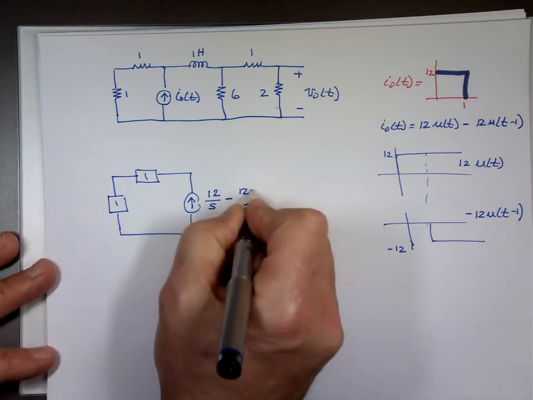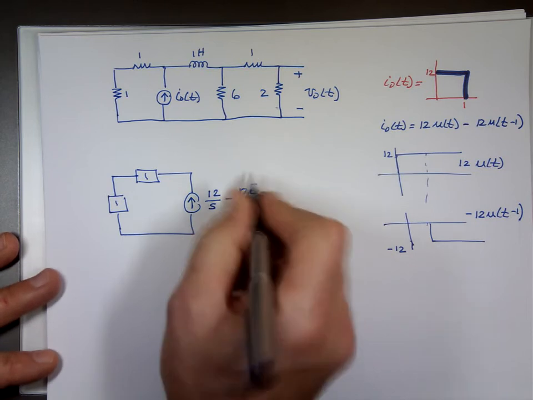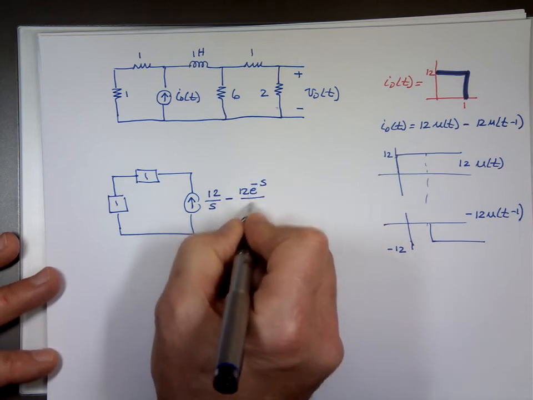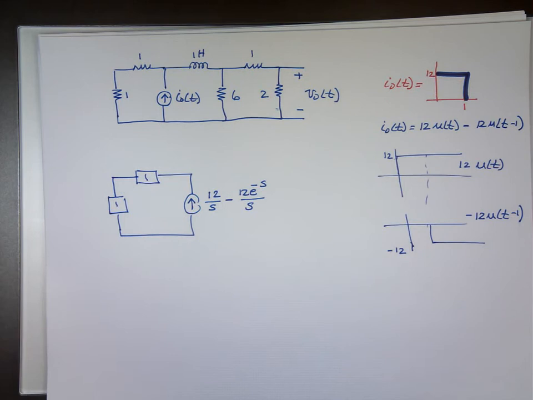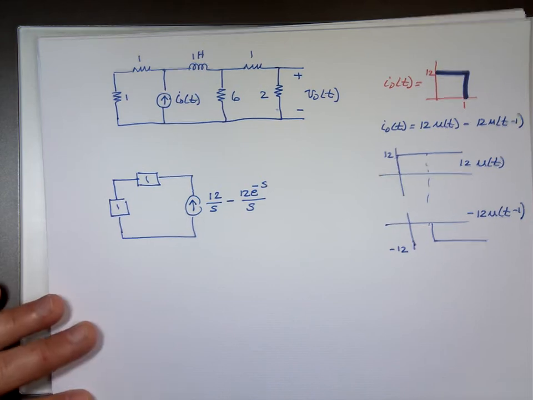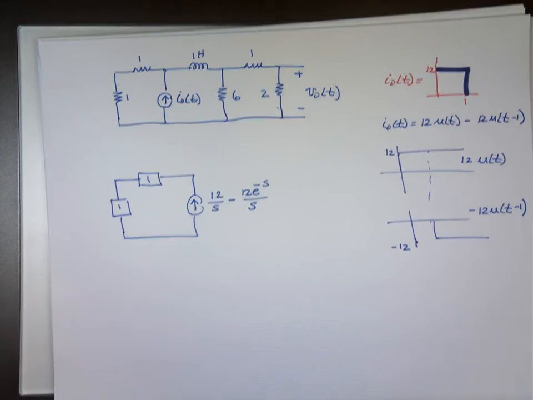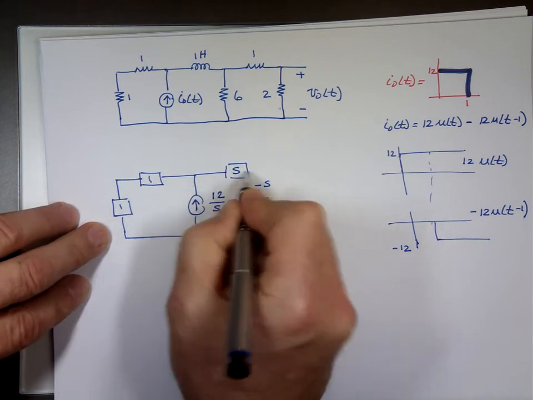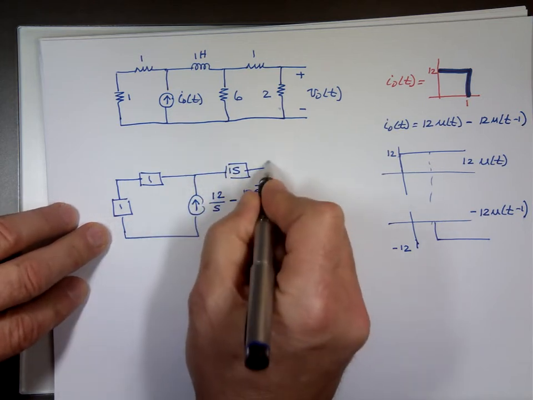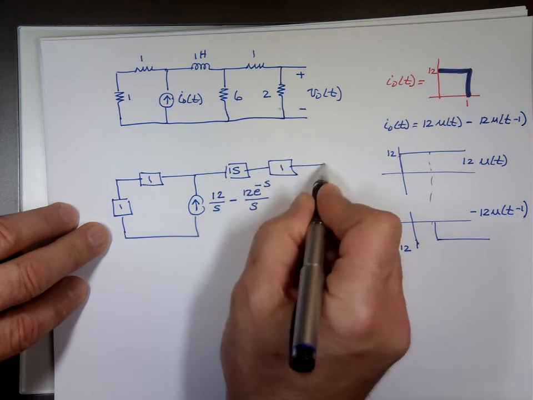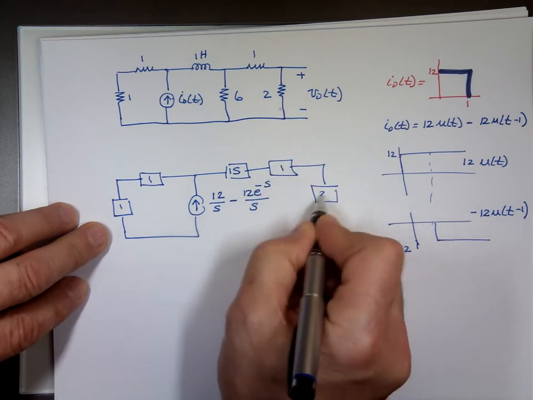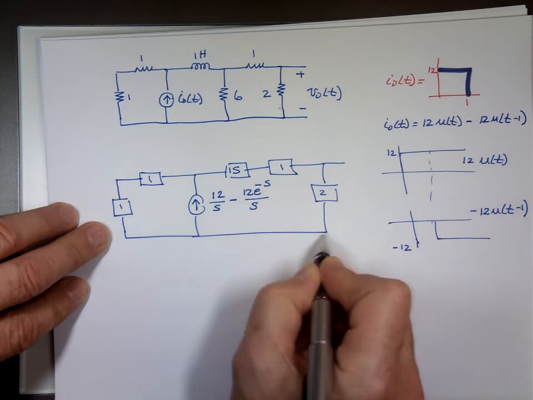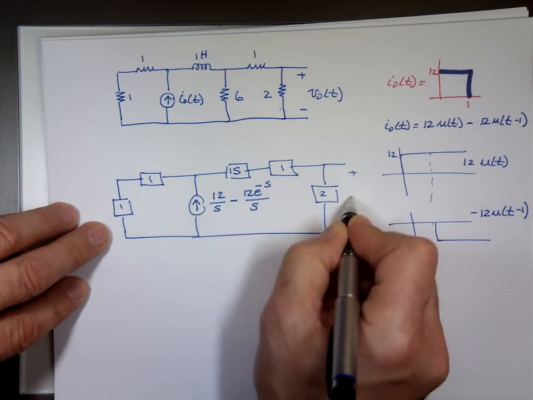This is 12 e to the minus s over S. There's a shift in it of e to the minus s. Remember that from math? The inductor, S times L, is 1s. The resistor, 1, 2. And this is V out as a function of S.